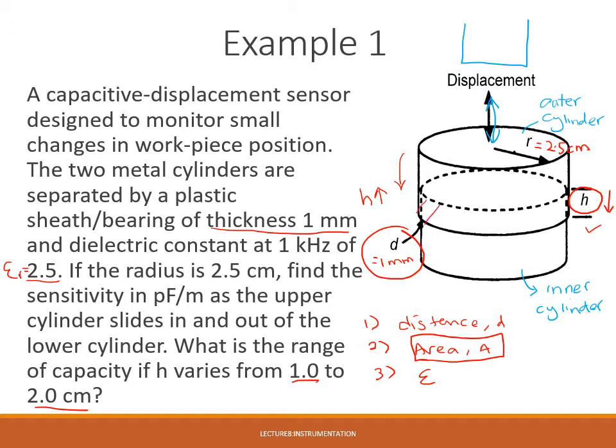So the shed area is this area here, the circumference of this cylinder here. Okay, so the shed area will depend on the H, because we can calculate the shed area by 2 pi r as the length of the circumference multiplied with H.